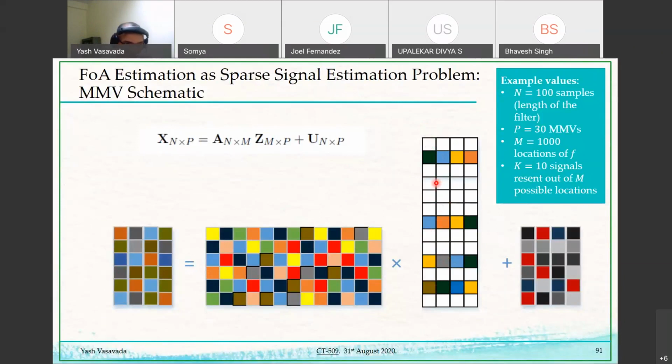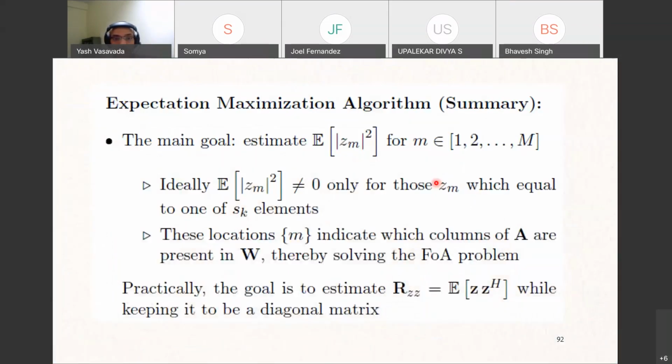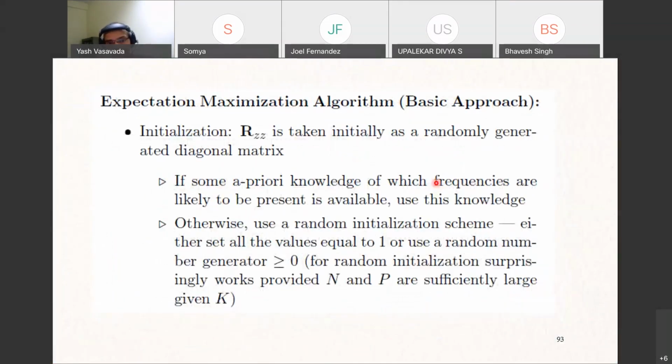I mean, I am assuming that all of these capital M frequency locations are present, which is a gross error, because only capital K, a number much smaller than capital M, is actually present. So the way I am initializing is grossly wrong. Then also this algorithm figures out what these frequencies are, and it does that in an iterative manner.